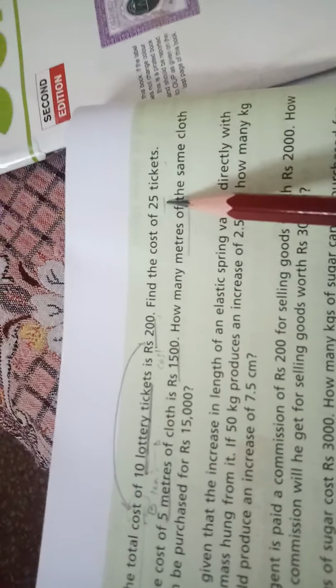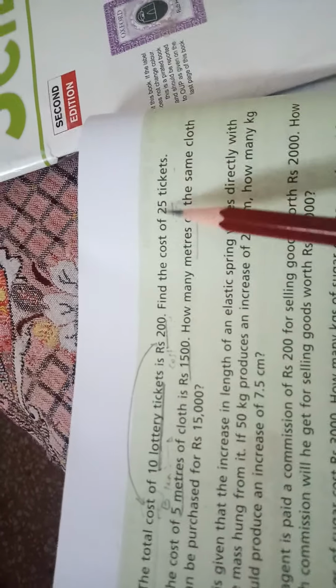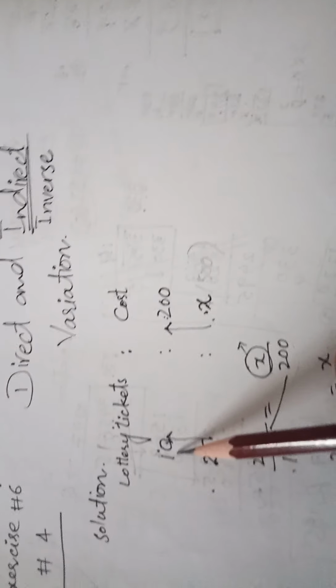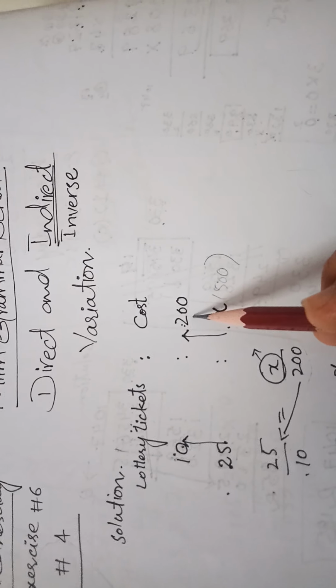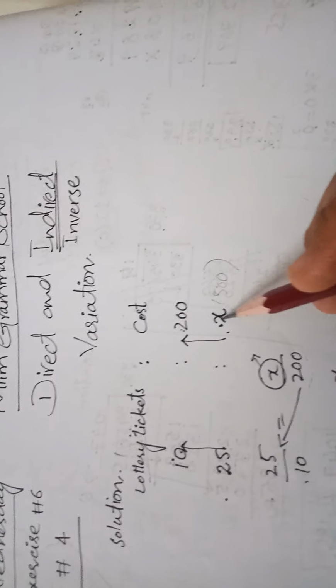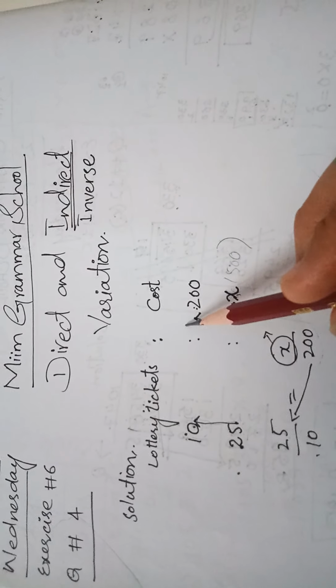If the tickets are increasing, obviously their price will also increase. So you can see, this is a direct variation. So how to solve that? If there are 10 lottery tickets, their cost is rupees 200. If there will be 25 lottery tickets and their cost is unknown, this is an increase in both quantities.